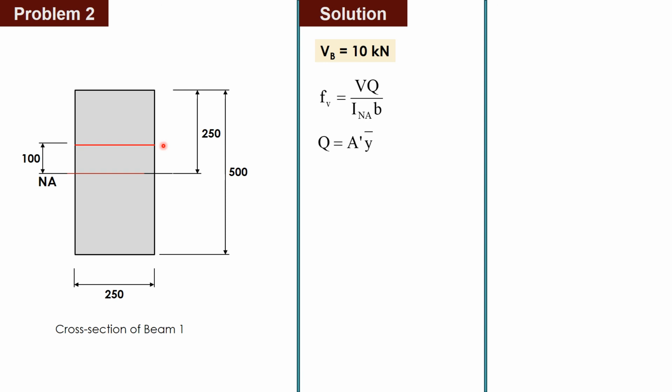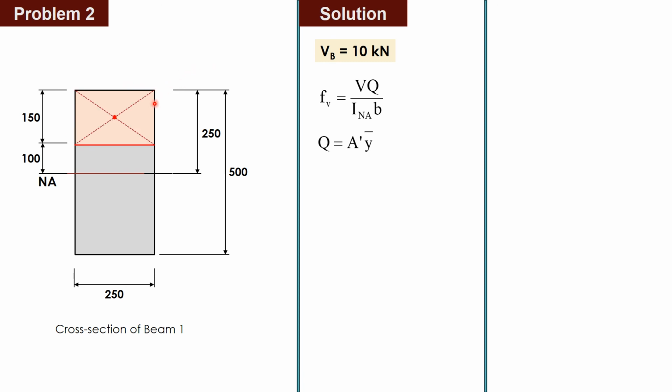So, once na na-locate mo na itong fiber na ito, and this fiber is above NA, ang gagamitin mo na A prime ay yung area above this fiber, which is this one. So, ang measurement niyan ay 150 multiplied by 250.